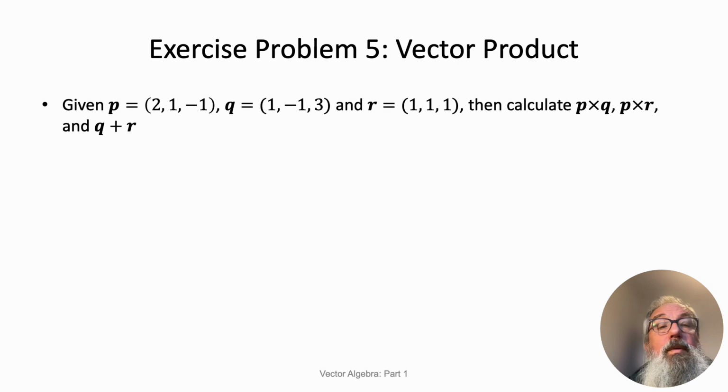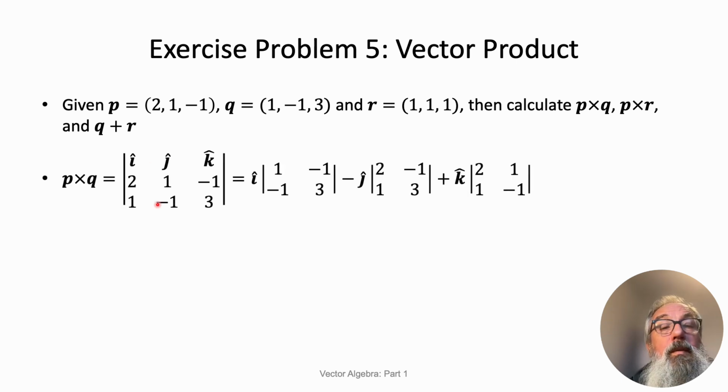Let's have a look at a vector product example. Right, we're given three vectors. Calculate P cross Q, P cross R, and P cross Q plus R. So this is good practice for doing your determinant calculation.